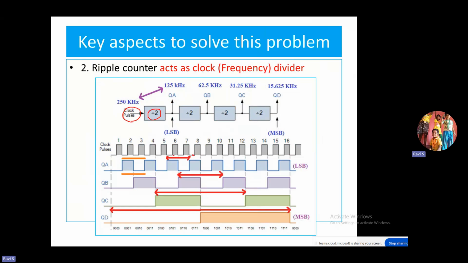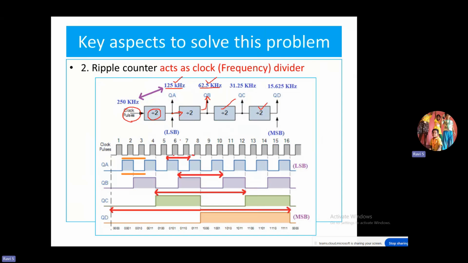This flip-flop stage divides the frequency and produces a signal having half of the input signal frequency. The same thing, if I apply a 125 kilohertz signal as clock input for the second stage, it produces a waveform with half of its frequency, nothing but 62.5 kilohertz. Every stage divides the clock signal by 2. That is what it represents.